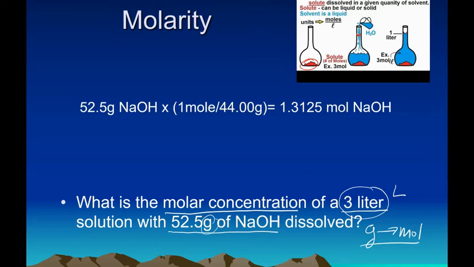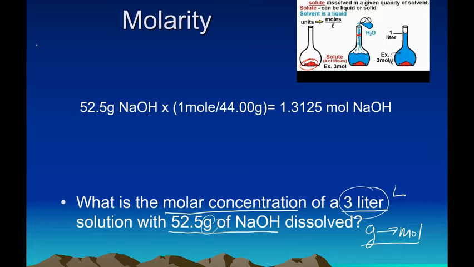So I have 52.5 grams of sodium hydroxide times 1 mole divided by 40.00, the molar mass of sodium hydroxide. That's going to give me 1.3125 moles of sodium hydroxide. Then I'm going to plug that into my equation.